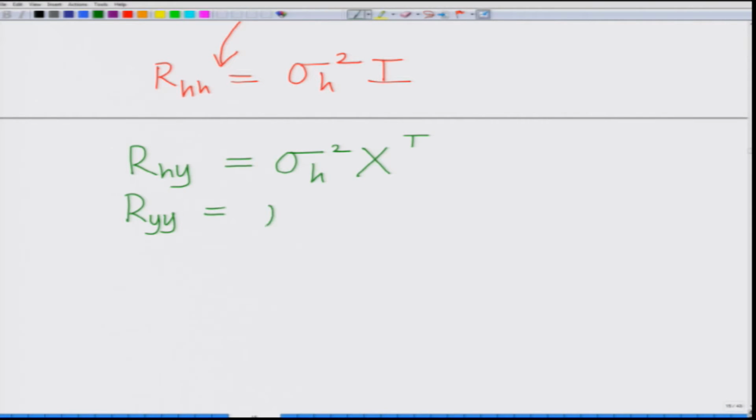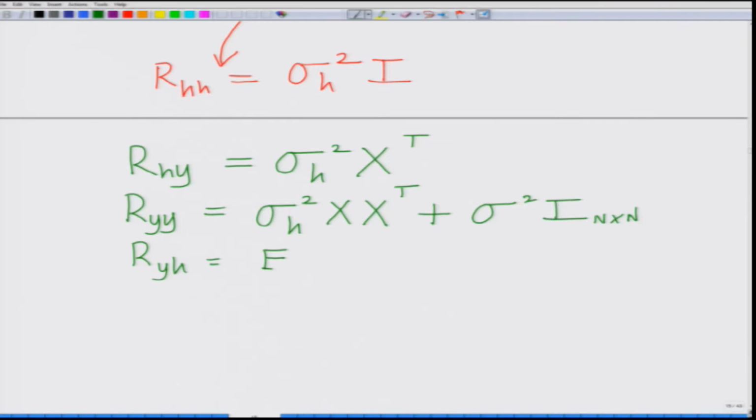R_YY equals sigma_h squared X X transpose plus sigma squared times identity, where this identity is an n cross n, because X is an n cross m matrix. We have to look now at R_YH. Remember R_HY is the expected value of h bar y bar transpose. R_YH is different, it is the expected value of y bar h bar transpose, which is basically the transpose of R_HY.